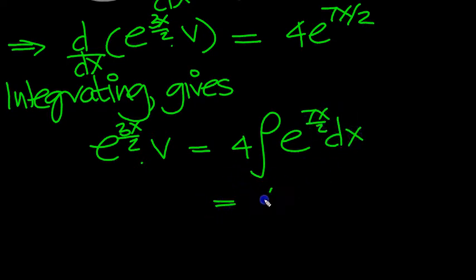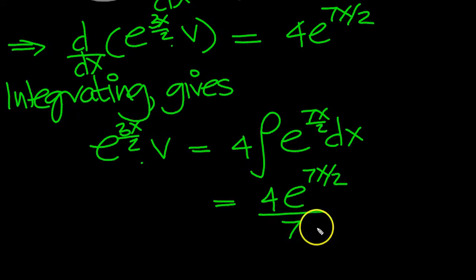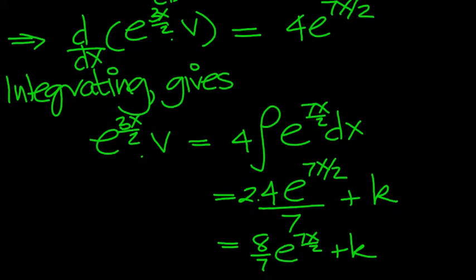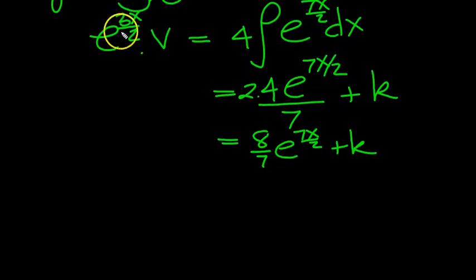Integrating that using standard integrals is e to the 7x over 2 over 7 over 2. So the 7 can go down there and the 2 can swing up to be here. Plus k. So we end up with 2 4s are 8, 8 sevenths e to the 7x over 2 plus k.